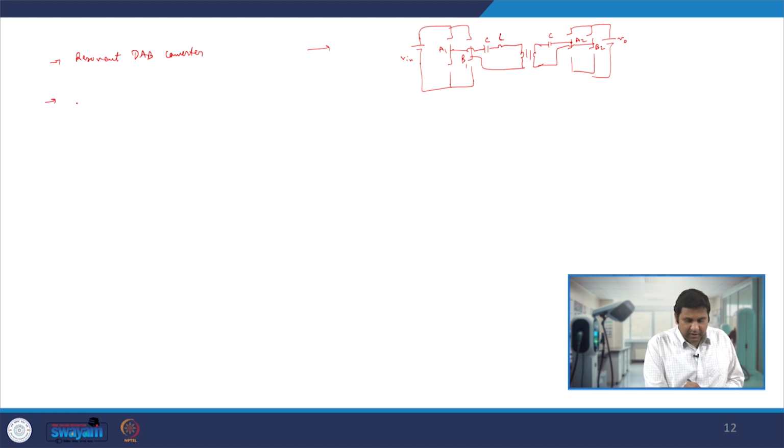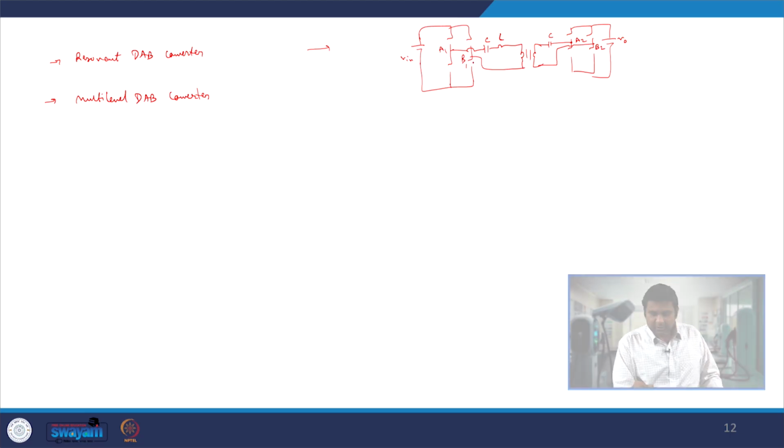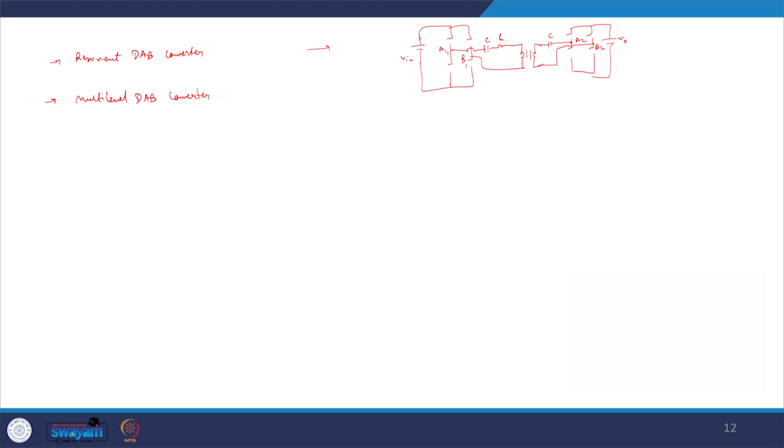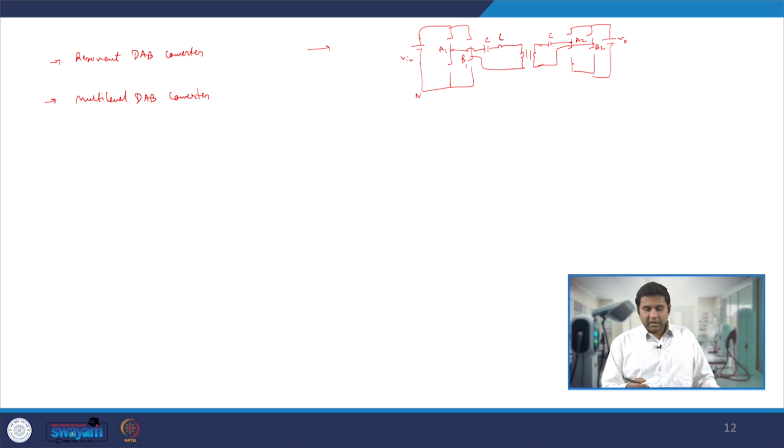Similarly, one can also get the multi-level DABs. Instead of putting this half bridge comprising two switches, which can apply only two levels of voltage, that is, between A1 and N, V in or 0, one can also use multi-level half bridges, like 3-level or 5-level half bridges, in all 4 half bridges or in one of the half bridges.